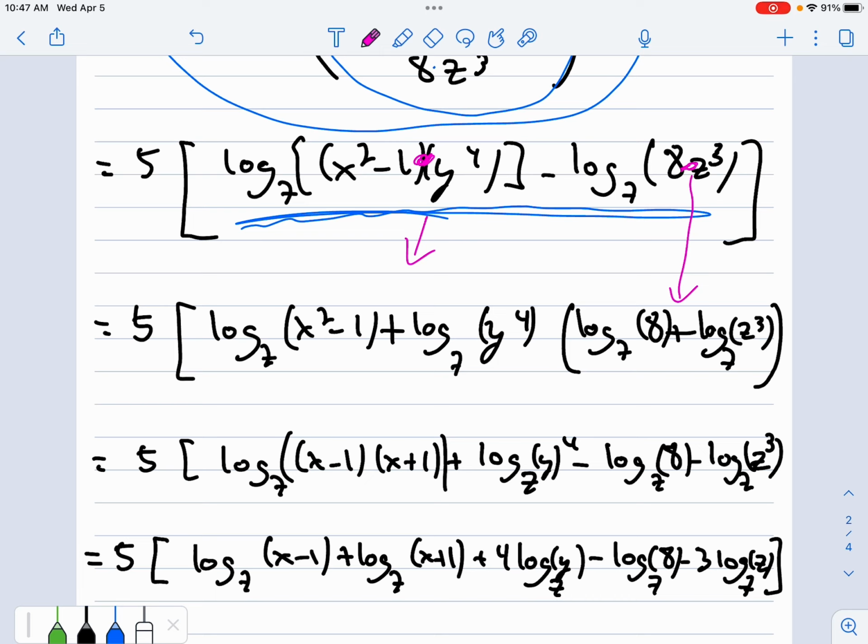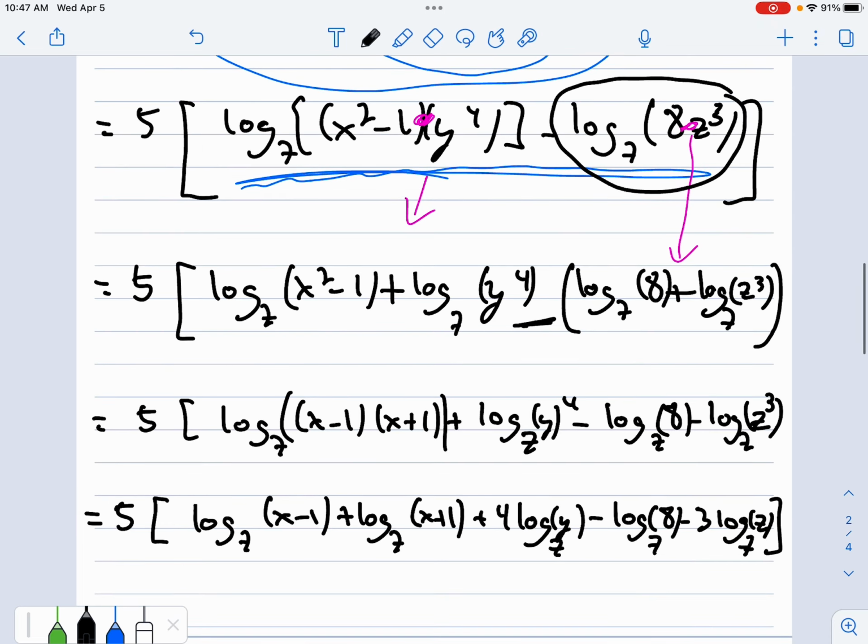Please note, I forgot there's a minus that should go outside the parentheses of the log base 7 of 8 plus log base 7 of z cubed, because the product rule is just operating on the 8 and the z cubed. We can distribute this negative, and that's how you get to this next step.